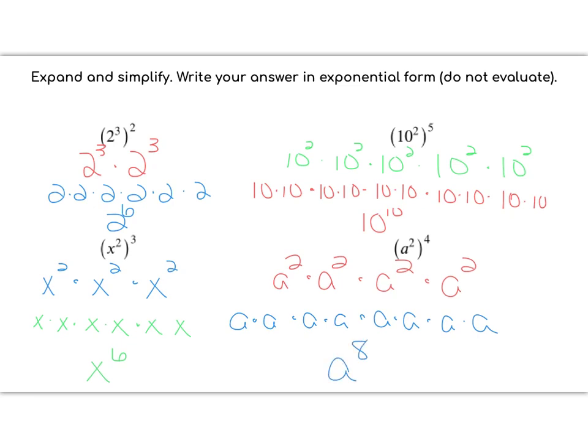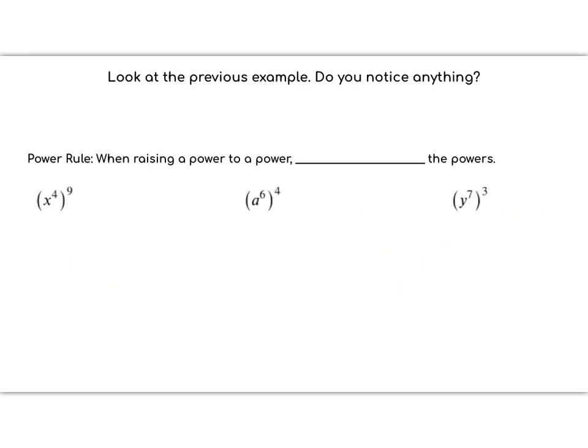Now what I want you to look at is look where we started and look at our answer each time. There was our problem, there was our answer. Did you notice anything?